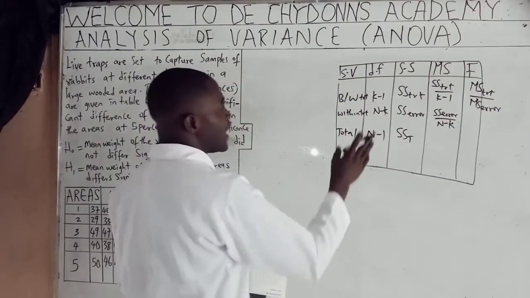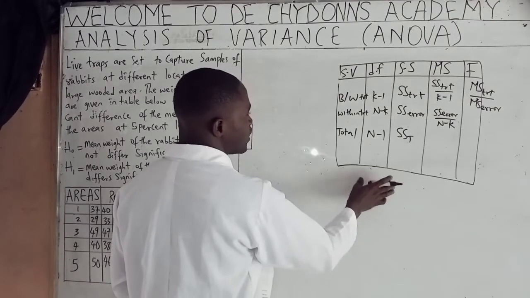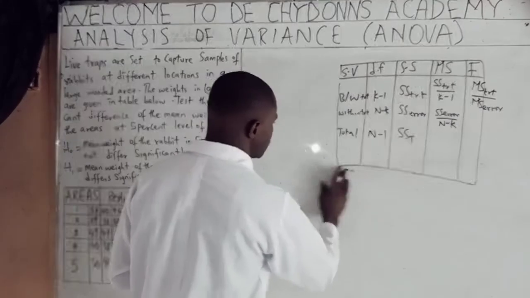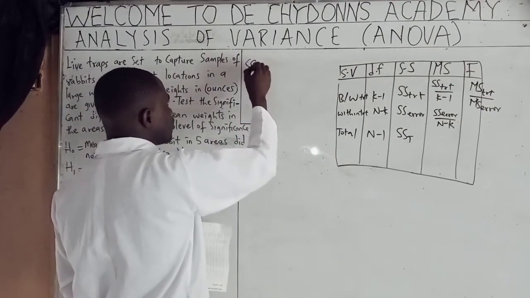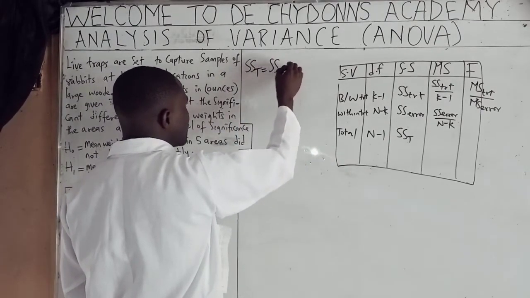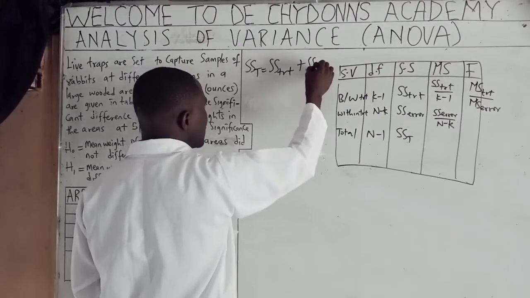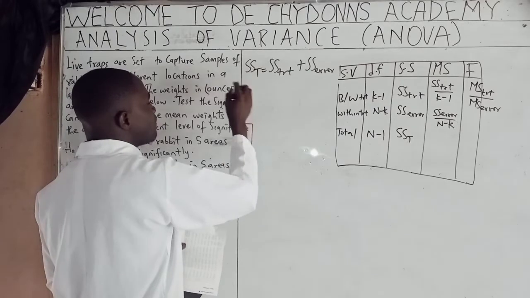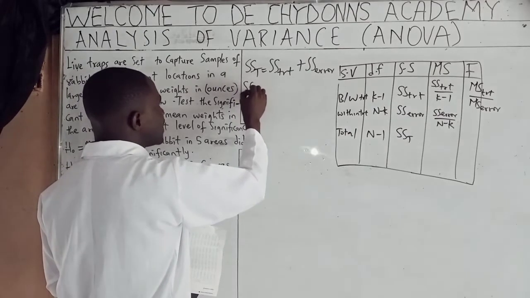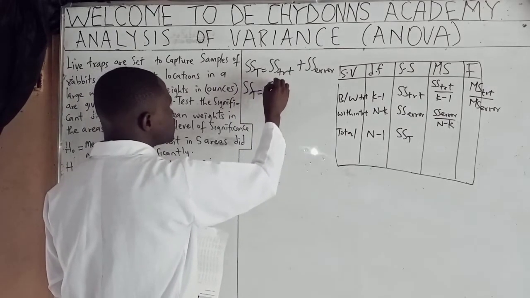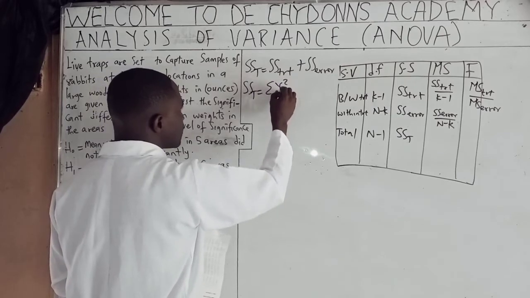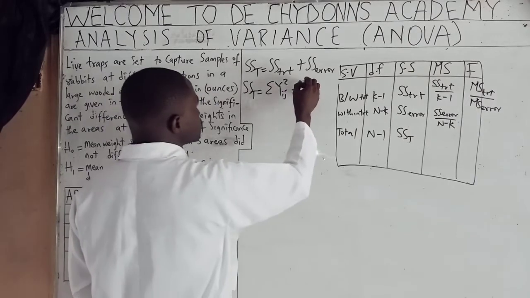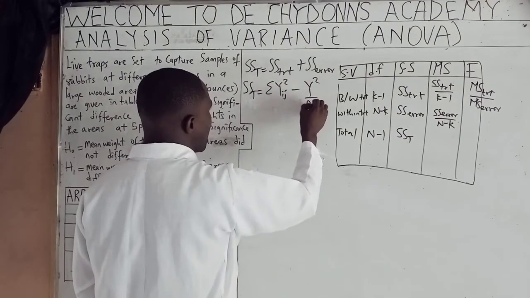Then we said there are important formulas we need here. One, SS total equals SS treatment plus SS error. Then the next one is that SS total equals summation of y ij squared minus y squared all over n.